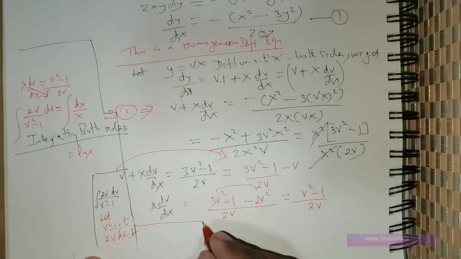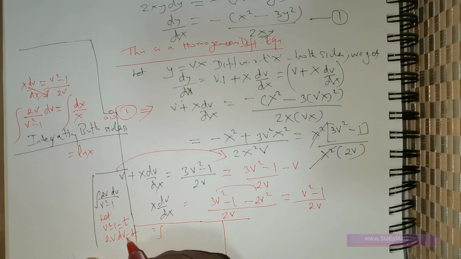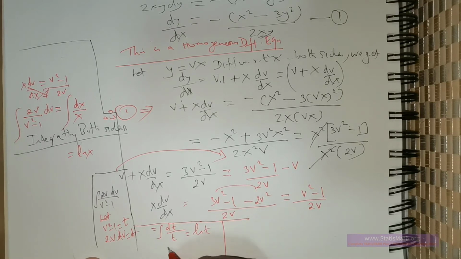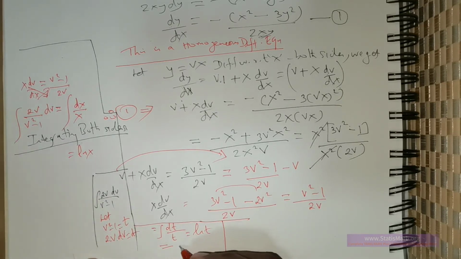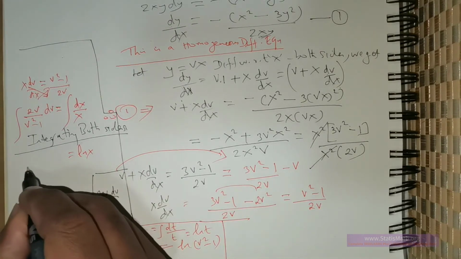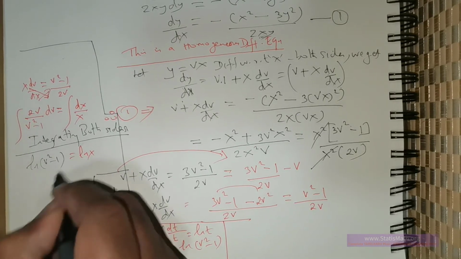Now if I substitute 2v dv as dt and v squared minus 1 as t, this is going to give me ln t, which is going to be ln of (v squared minus 1). So using that over here, I would get ln of (v squared minus 1).